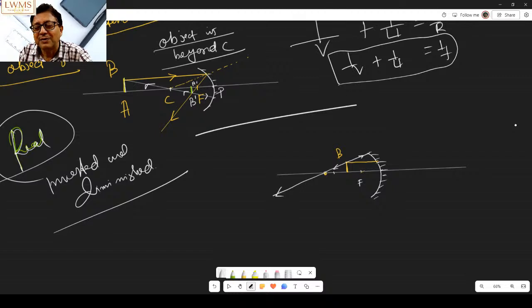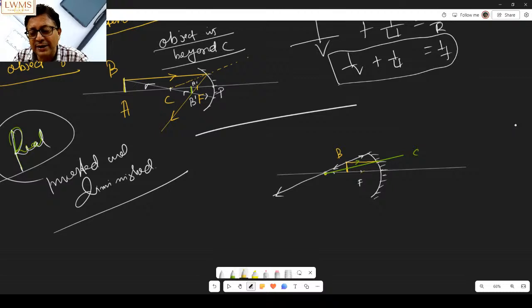Wait a minute. We have to maintain the law of reflection always. See the mistake I did here, you learn it from my mistake. This is the normal, no? We have to take the reflected ray accordingly.